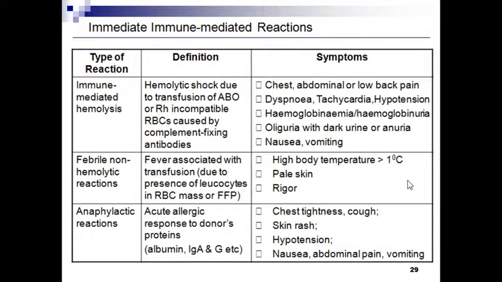This is an acute allergic response to donor's proteins, a residual amount of which is present in any pack with RBCs or leukocytes, due to presence of proteins: albumin, immunoglobulin A, immunoglobulin G, etc. Clinically manifested with chest tightness, cough, it means pain behind the breastbone, skin rash is a reaction of skin to immediate immune reaction, hypertension, nausea, abdominal pain, or vomiting.